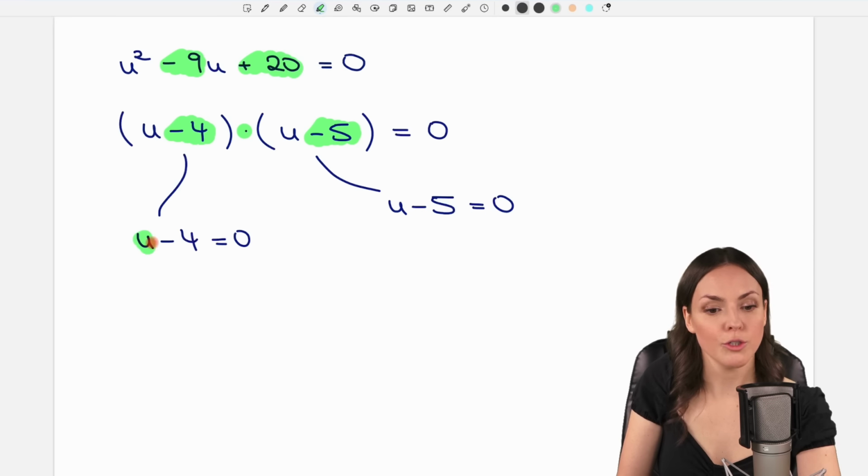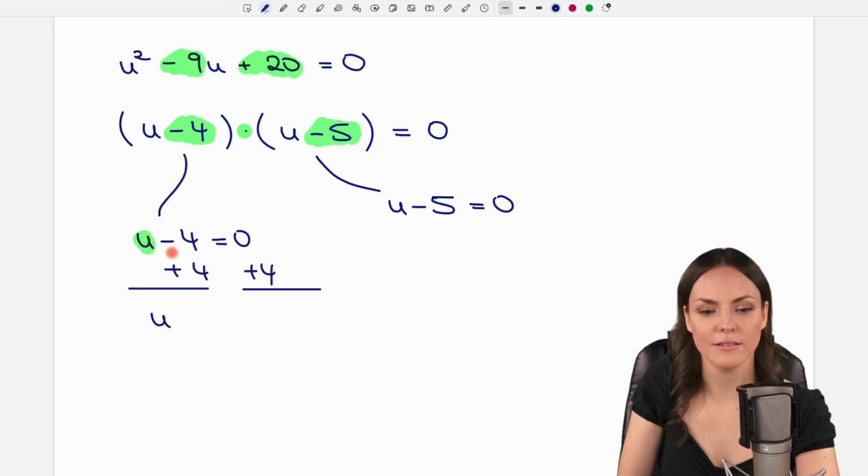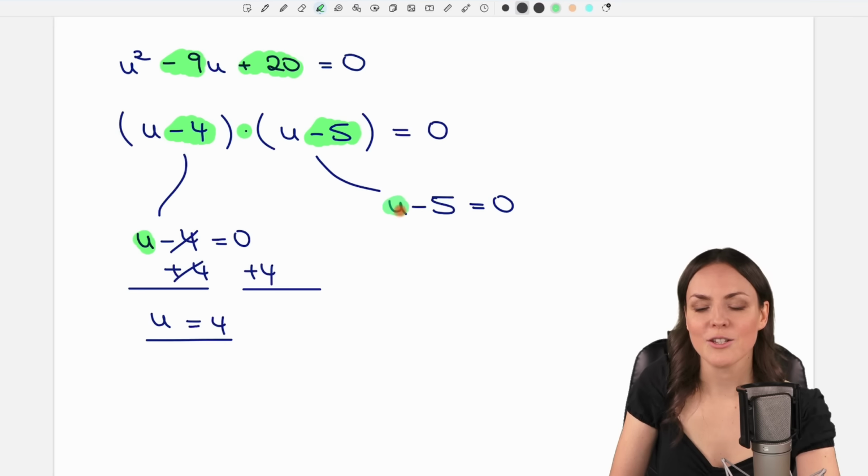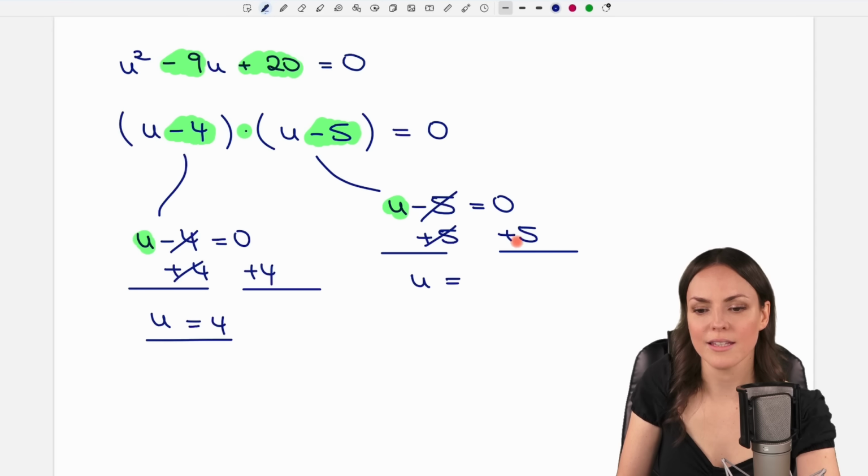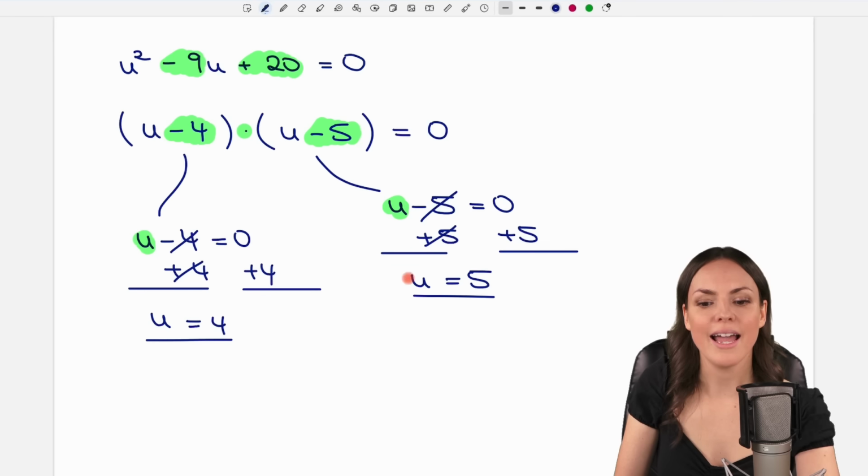To solve this for u, I just add 4 on both sides of the equation so that I have my u here. This cancels out, and on the other side I have my 4, a first solution by the way. And a second solution for my u, I add the 5 here on both sides of the equation so that I have my u on one side because this cancels out, and on the other side I have the 5. Another solution.